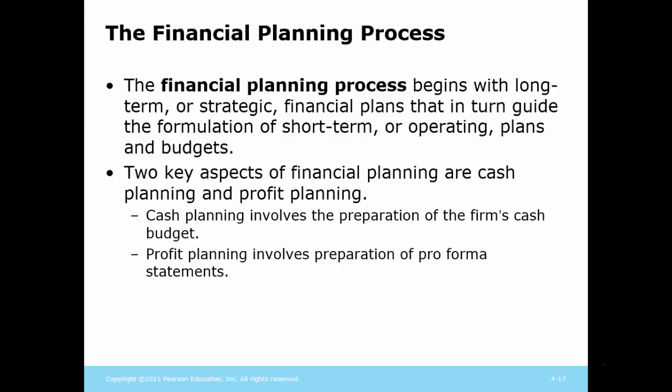So in general, financial planning has two objectives or two aspects. There is a cash planning component. We want to understand what the company's needs are for cash, both on the short term and the long term. We also want to understand what is referred to as profit planning, which is a more long-term forecasting of financial statements.